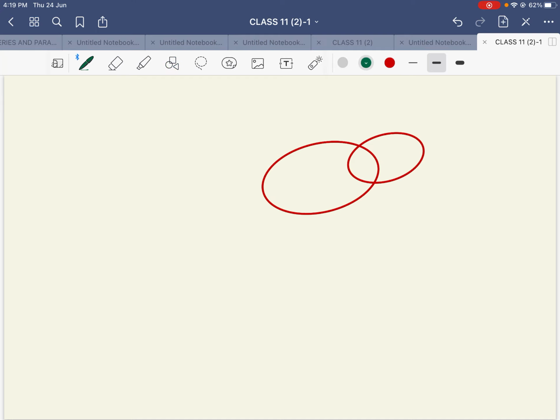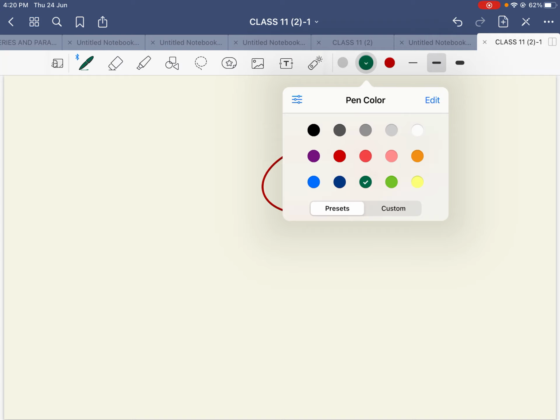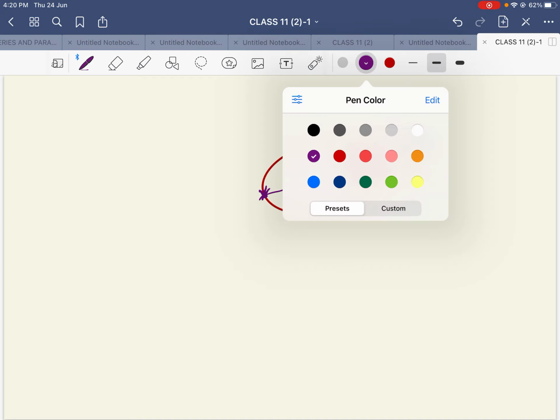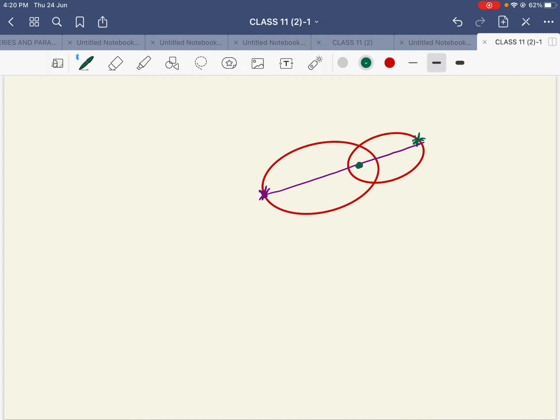The first star is present here and the second star is present here, and the line joining these two stars has its center of mass at this point. This is the point where the center of mass lies.